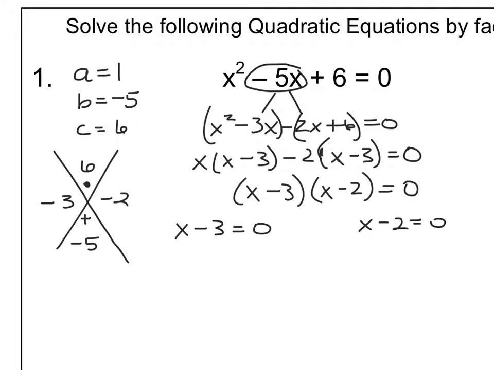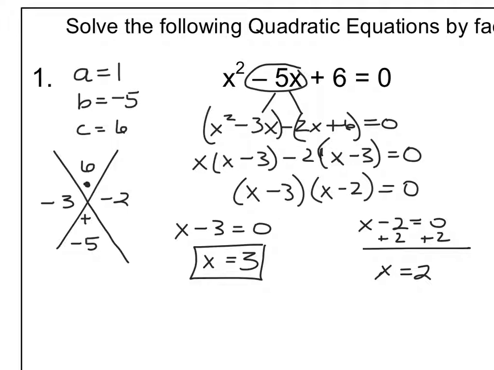To solve for x, I add 3 to each side, so x equals 3. Down here, if I add 2 to each side, then x equals 2. So my two answers are x equals +3 and x equals +2. Those are my two solutions to the problem.